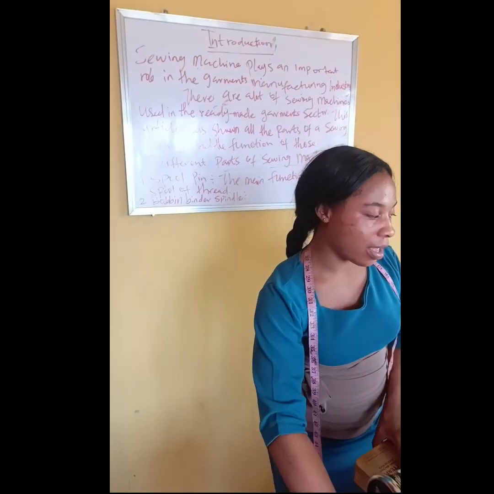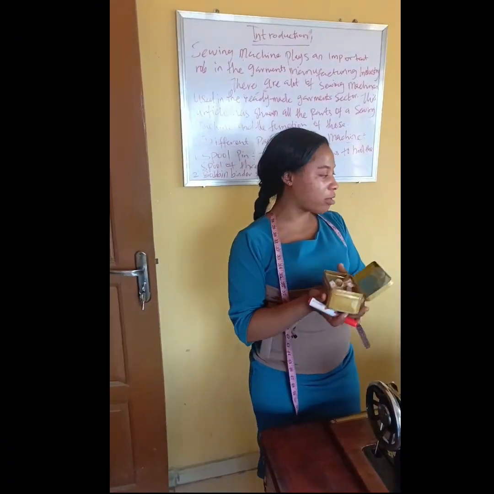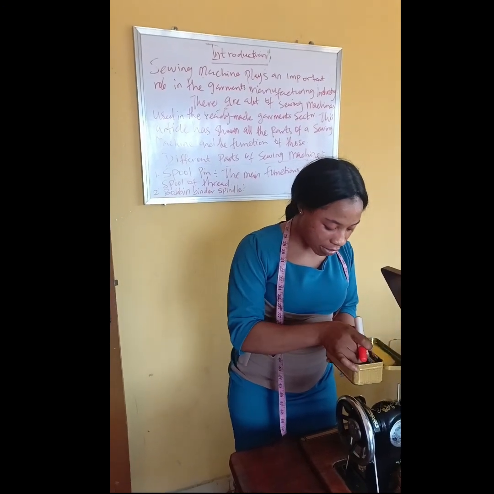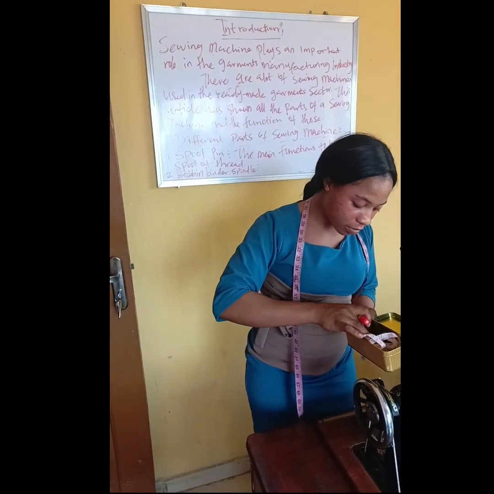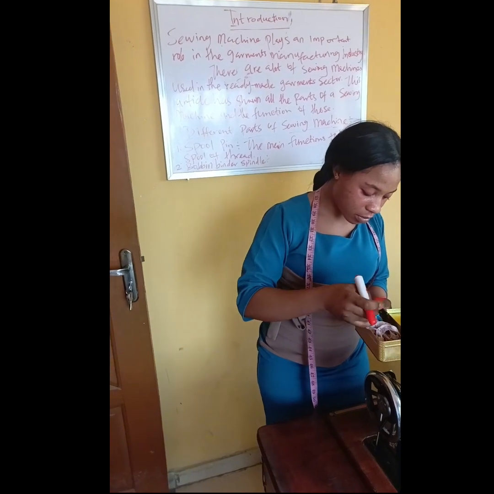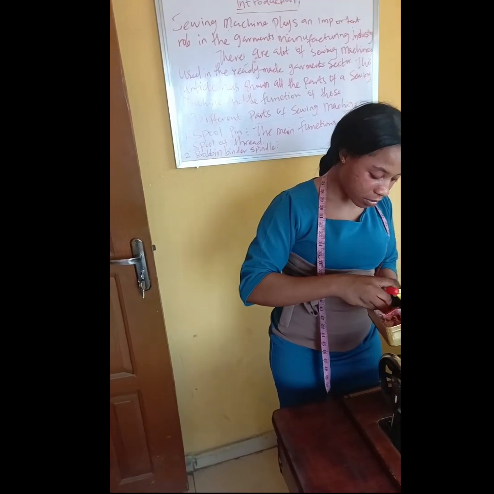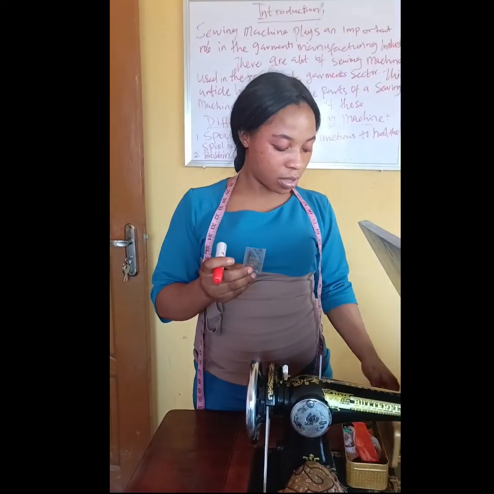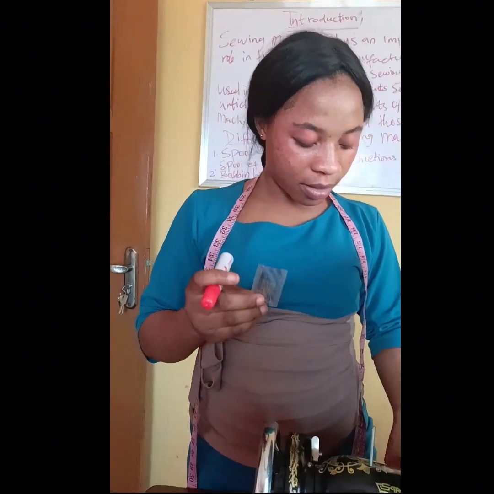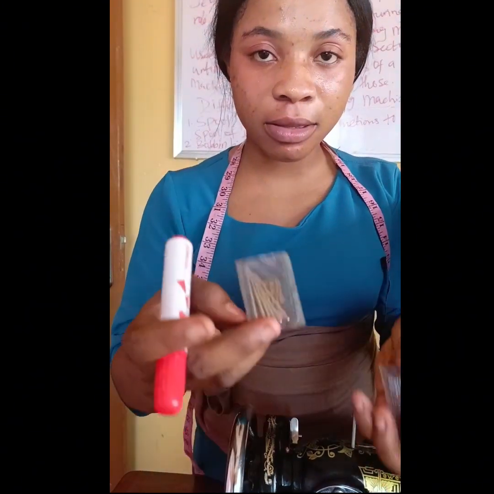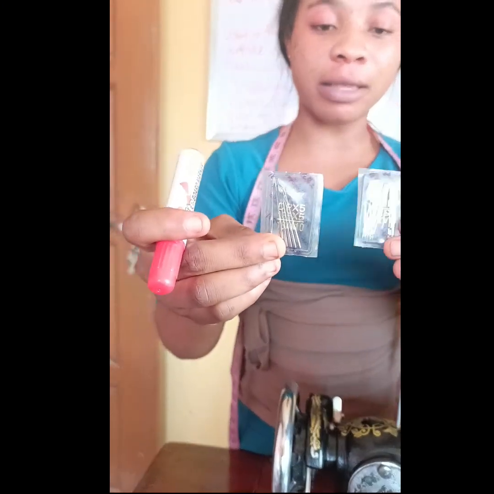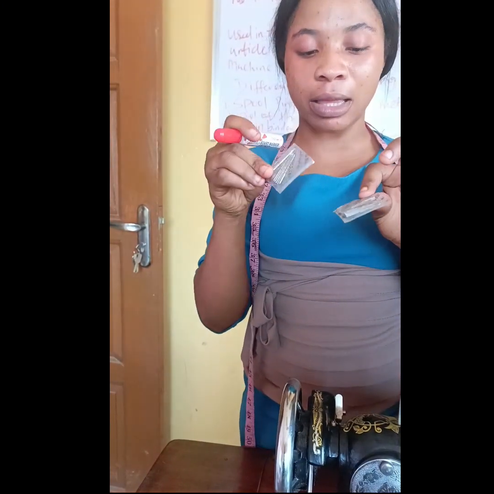So we're going to do some experiments so that you understand what we're talking about. We're going to bring out a machine needle. These are machine needles, and they have different sizes. You can see they are all of different sizes, as you can see them parceled like that.